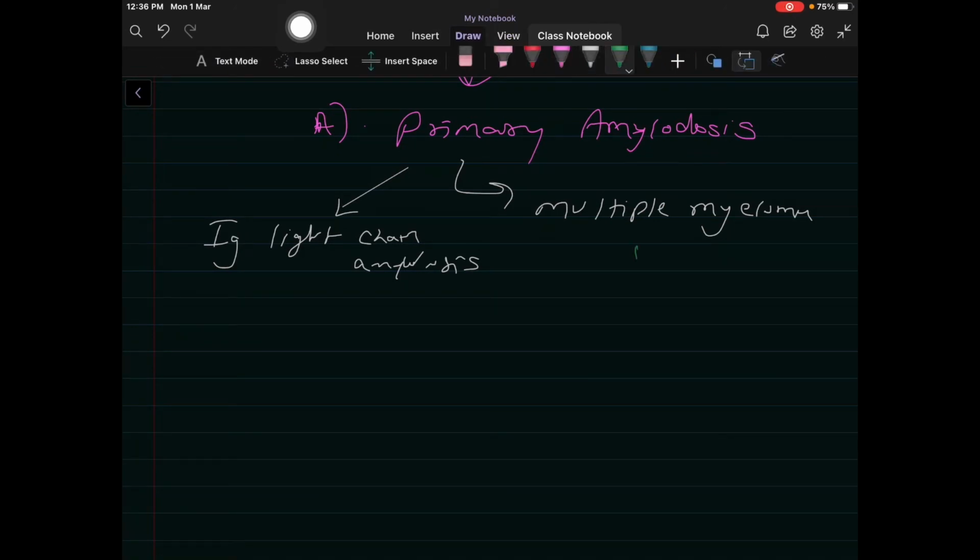And here in multiple myeloma, the major protein is AL. Here the L denotes the light chain.